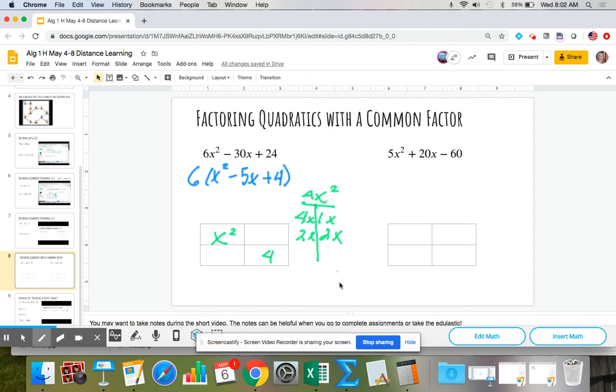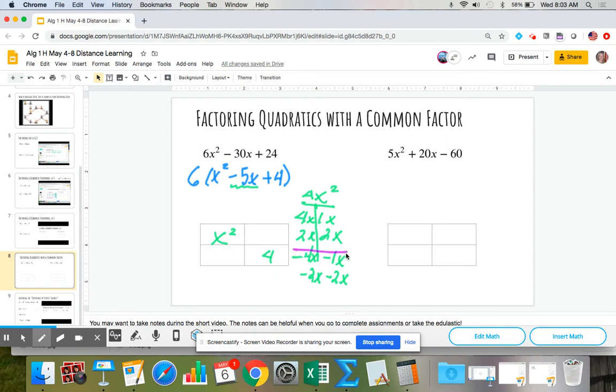But they could also both be negative, because a negative times a negative is a positive. So I could do negative 4x times negative 1x or negative 2x times negative 2x. And I'm recognizing that I want the pair of factors that will also add together to equal the negative 5x linear term.